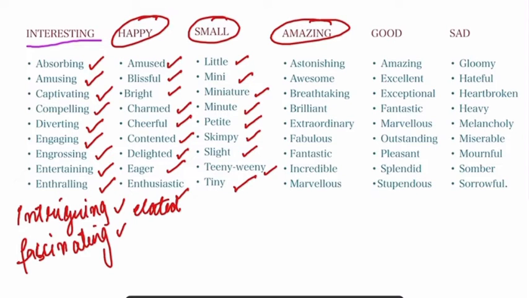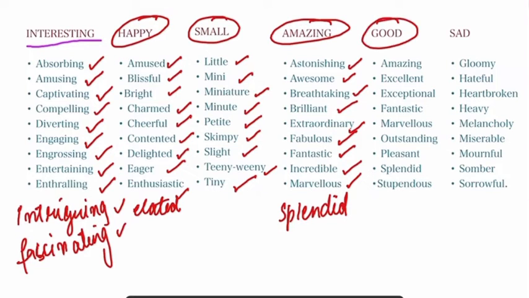Whenever we talk about something which is really splendid and absolutely wonderful, the word we come up with is amazing. But there are a lot of other words as well. Astonishing, awesome, breathtaking, brilliant, extraordinary, fabulous, fantastic, incredible, marvelous. Apart from these, you can remember splendid as well.